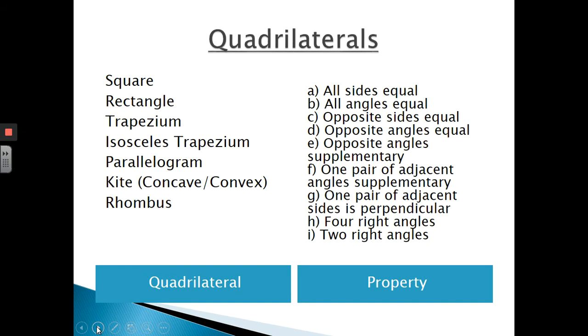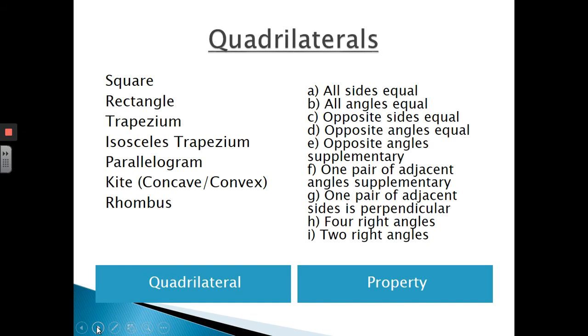Get one of your children to create 3 shapes, maybe 3 of the ones they know from the list, that meet a certain criteria. Can you create 3 shapes that all have equal sides? Can you create 3 shapes that have 1 pair of parallel lines? Pegboards are a great way to get the children thinking about those properties.